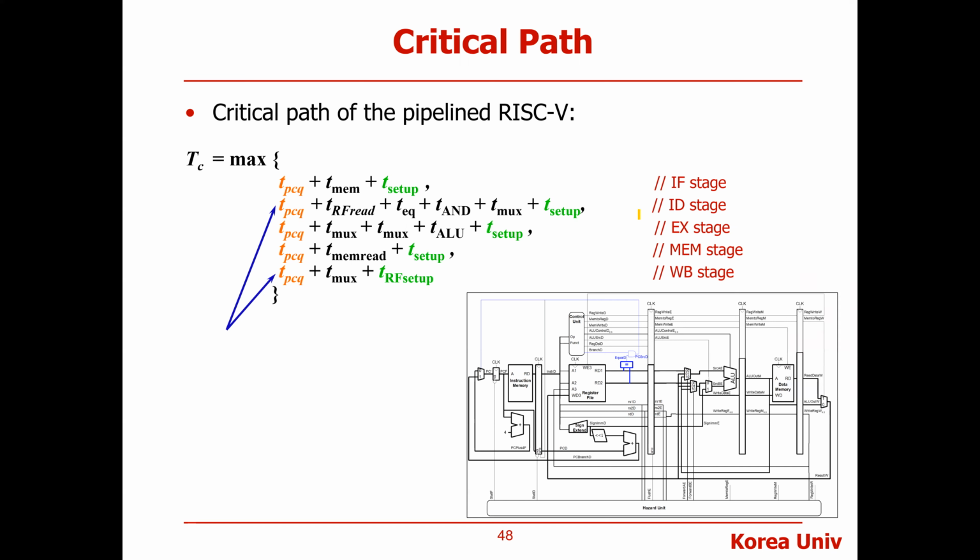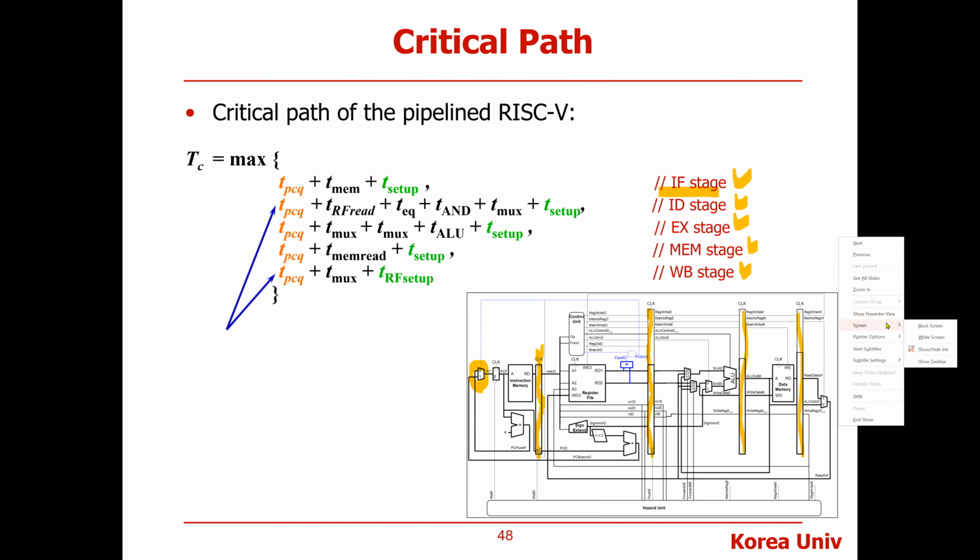So we have to evaluate 5 different delays. Fetch stage delay, from PC to the pipeline register, this one. Also, we have a pipeline register here, and a pipeline register here. So we have to evaluate.